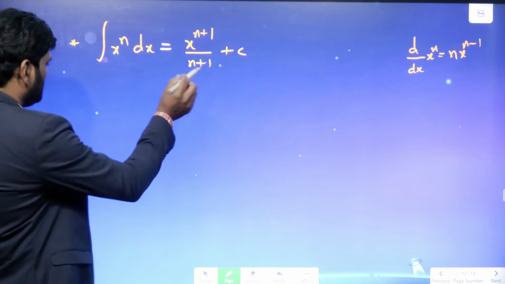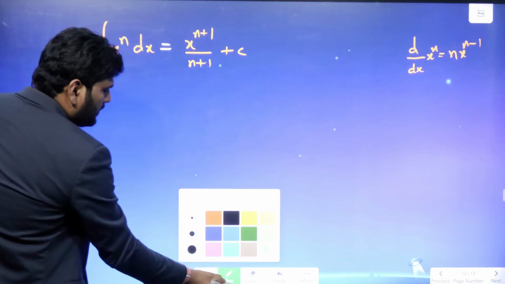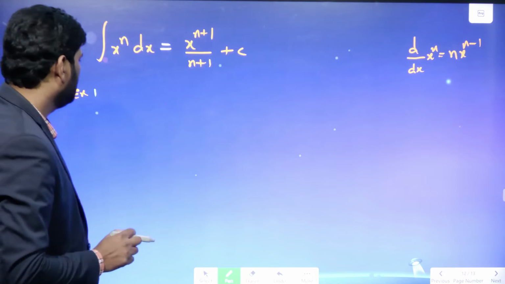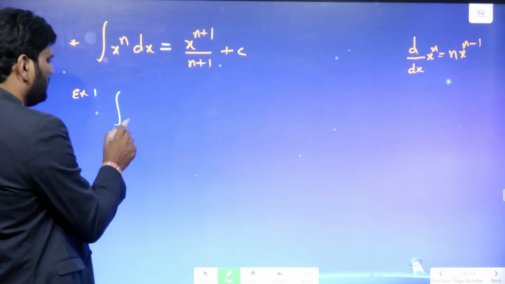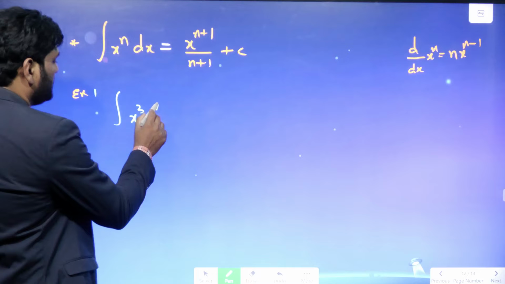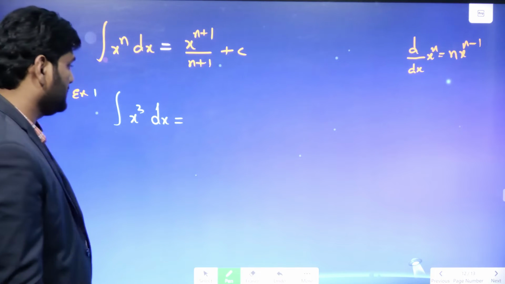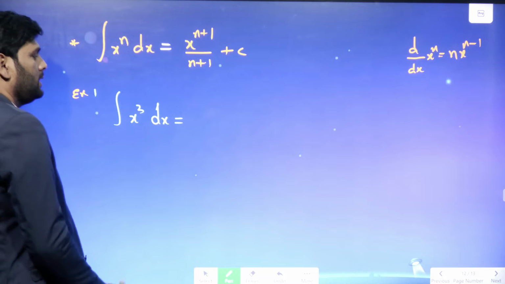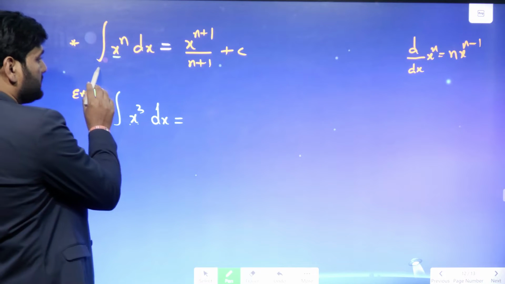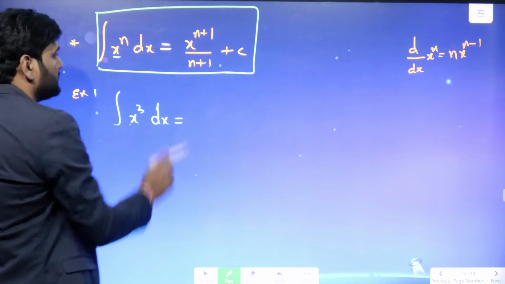So now I'll take a simple example, how we are using this formula. Example number 1. I'm taking a very simple example, integration of x cube. Here x is as it is, you have to use this basic formula, integral x power n dx.